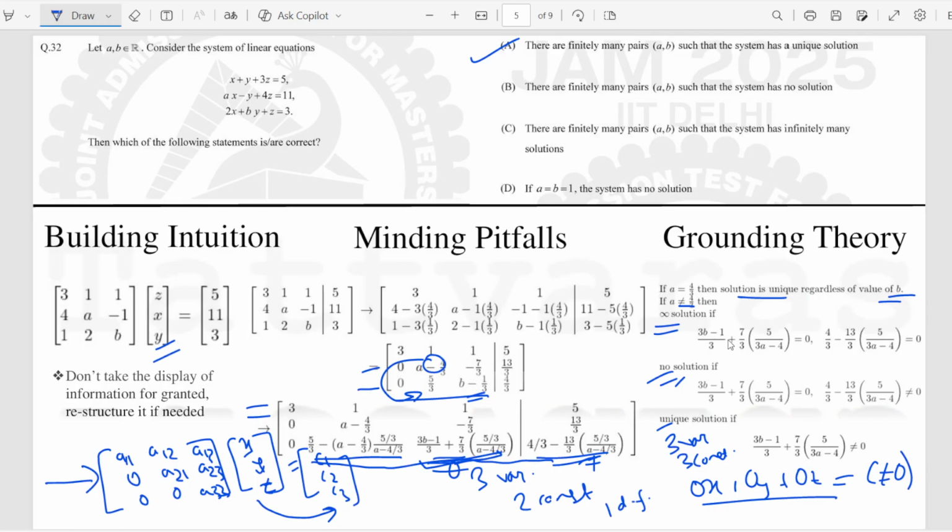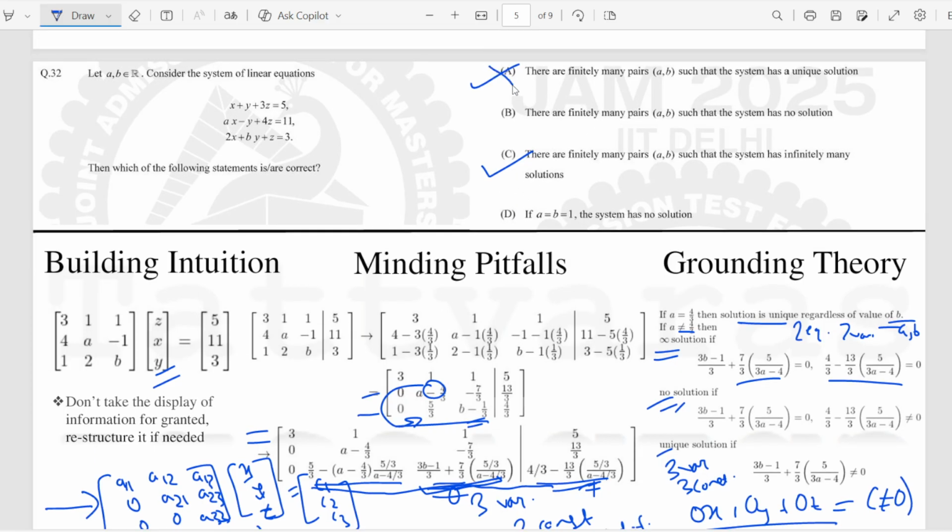When we talk about finite solutions, essentially we see that we have two equations over here and two variables a and b, so both come together and give only one particular value for the variables a and b, which is why there are just finitely many solutions for which this is holding. So this is correct. Oh, this one was incorrect.